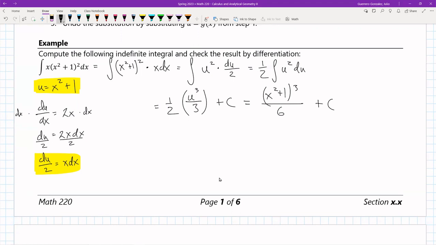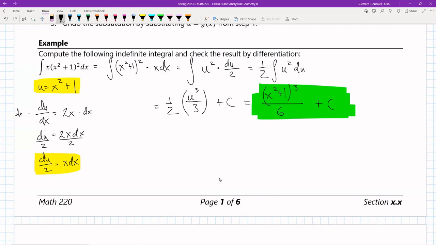And there you are. Okay, so now I'm going to check it by differentiation, aka we're going to go backwards. So the idea here is that if I take the derivative of this, I should get this original thing at the end. So let's go ahead and take the derivative of that thing in the green there.